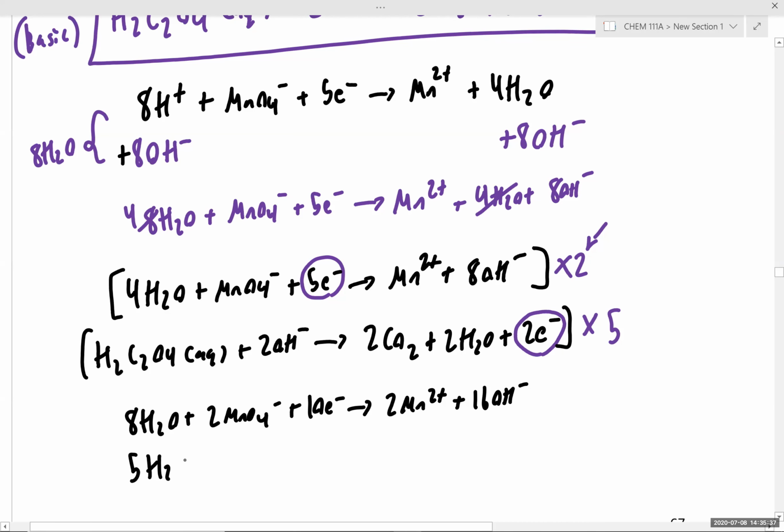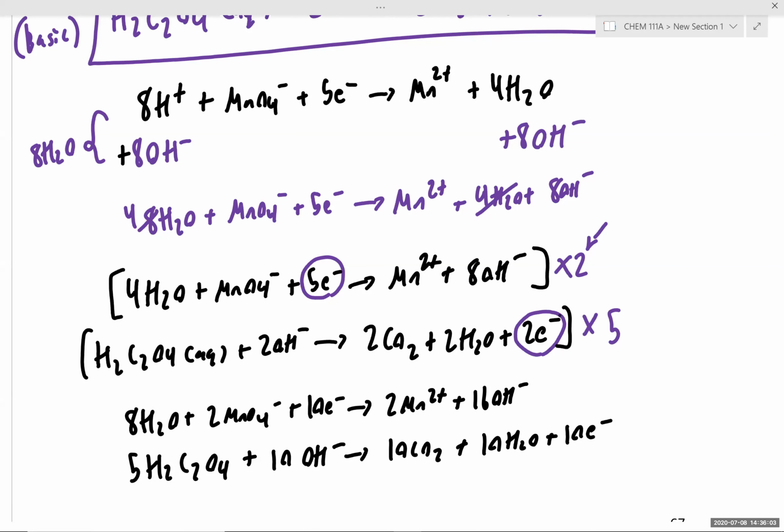And then we have 5 H2C2O4 plus 10 OH minus leads to 10 CO2 plus 10 H2O plus 10 electrons. And this is really important. You have to convert each of your half reactions individually and then combine them together. You can't take the end result and convert it from acidic to basic conditions.